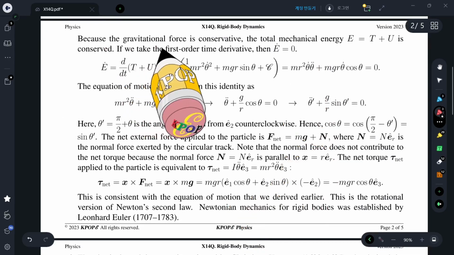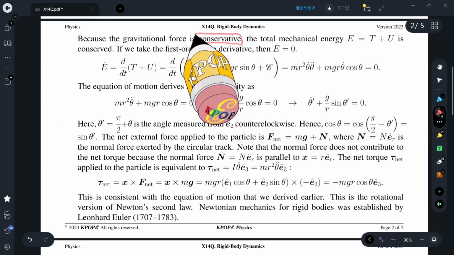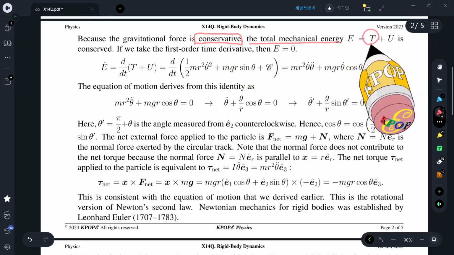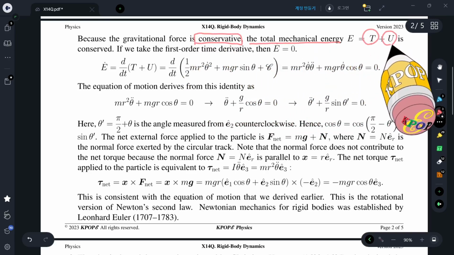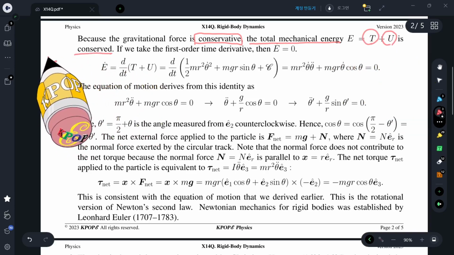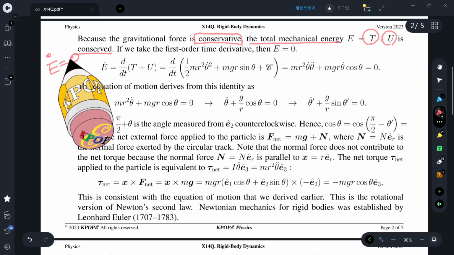Because the gravitational force is conservative, the total mechanical energy, that is the sum of the kinetic energy and potential energy, is conserved. Conserved means its time derivative is 0.